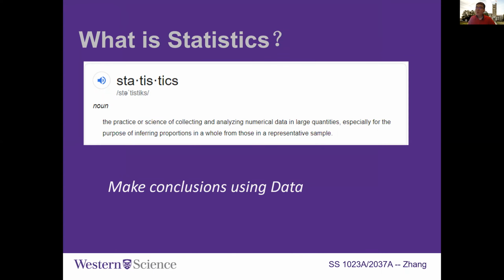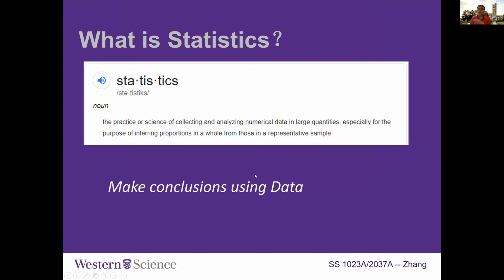First of all, what we are doing is making conclusions or making decisions. And of course, we cannot make conclusions without the information that we have, so we need to use the information from the data.